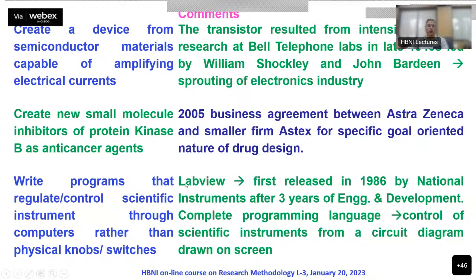You are all probably aware of LabVIEW. It was first released in 1986 by National Instruments after three years of intense engineering and development. It is based on a computer programming language which helps control scientific instruments from a circuit diagram drawn on a screen. So there have been this kind of path-breaking developments from industrial research.